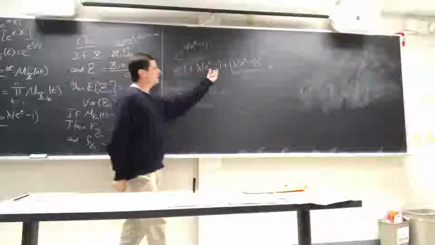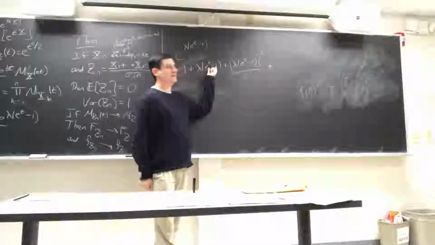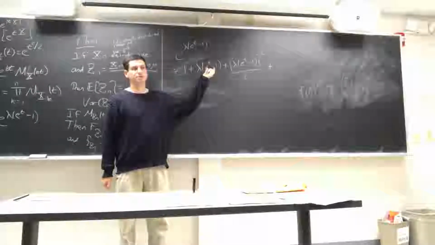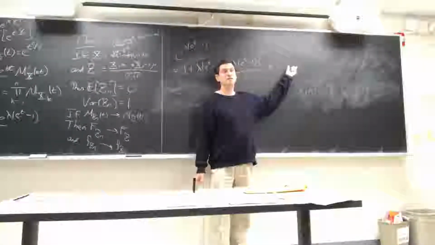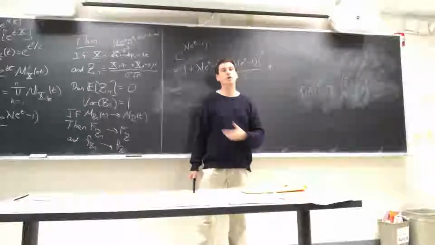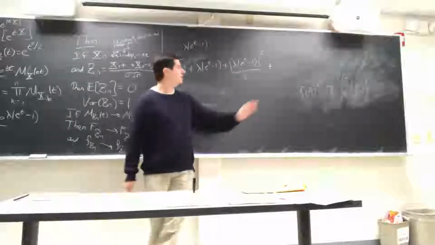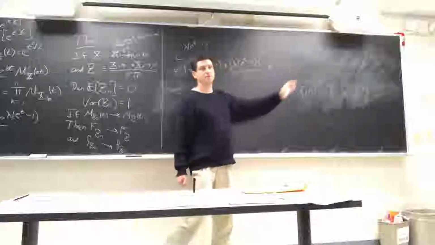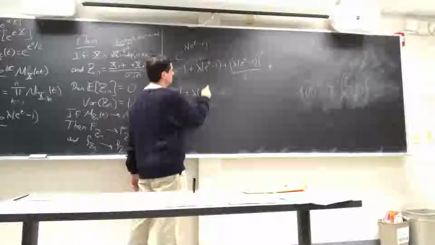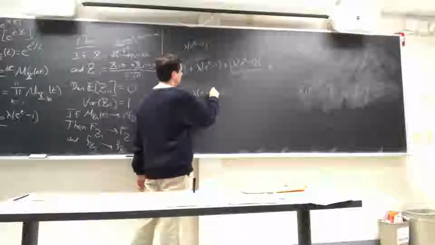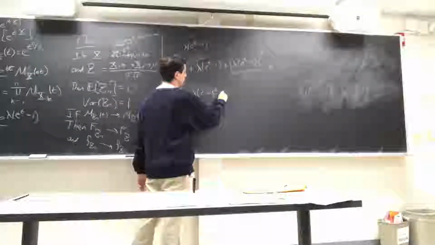The reason I can do it like this is I know everything here is a multiple of t, everything here is a multiple of t squared, and everything after is going to be a multiple of t cubed or higher. If I want to just find the mean and the variance, none of these terms are going to matter. So I'm going to get 1 plus lambda, and then e to the t is going to be t plus t squared over 2 factorial.